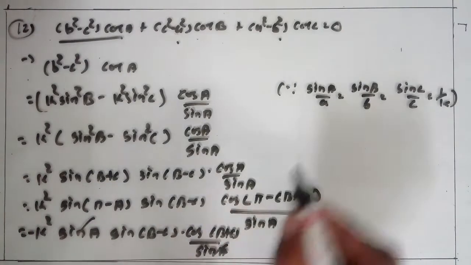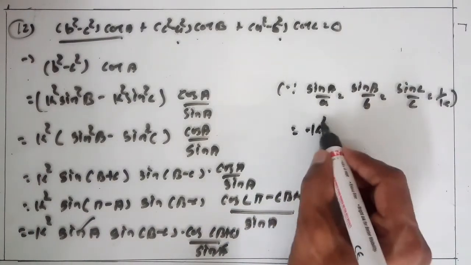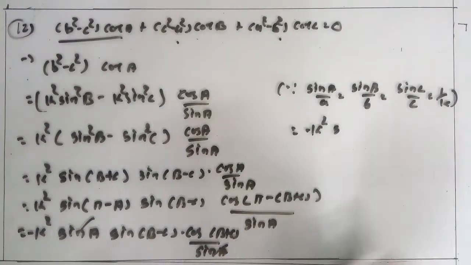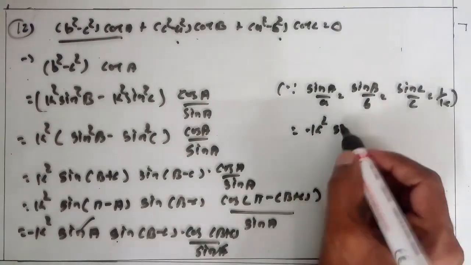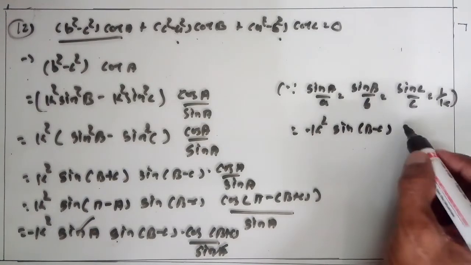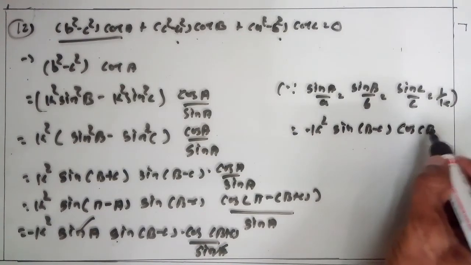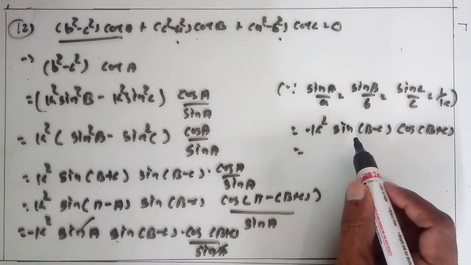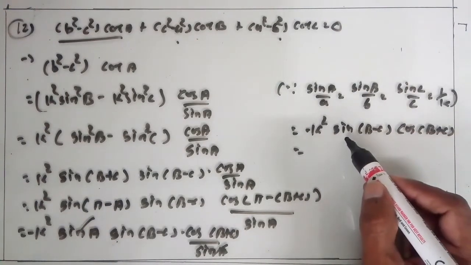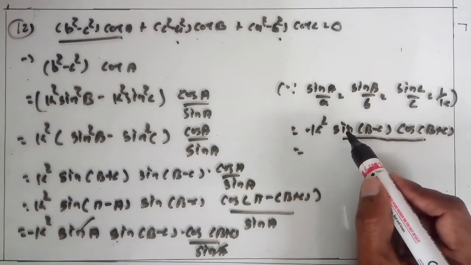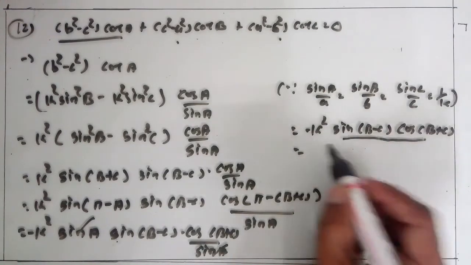So −k² sin(B − C) into cos(B + C). Now to apply the formula of 2 cos S, or 2 sin C, multiply by 2 and divide by 2.